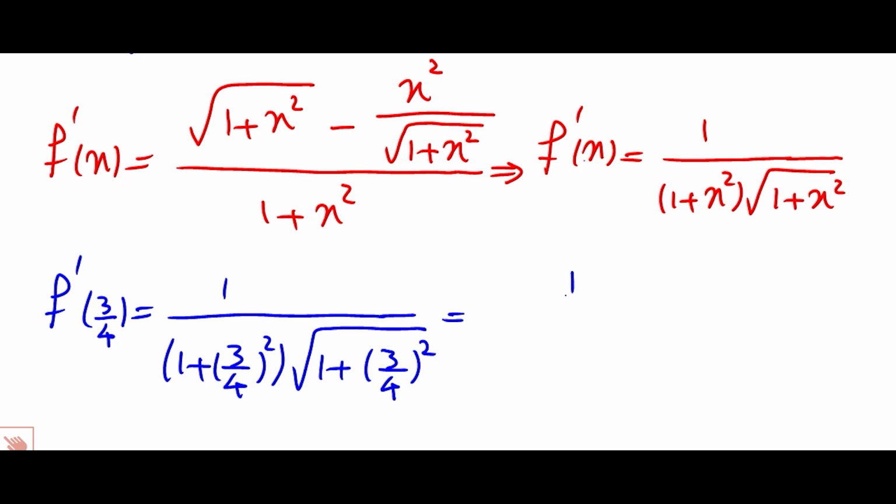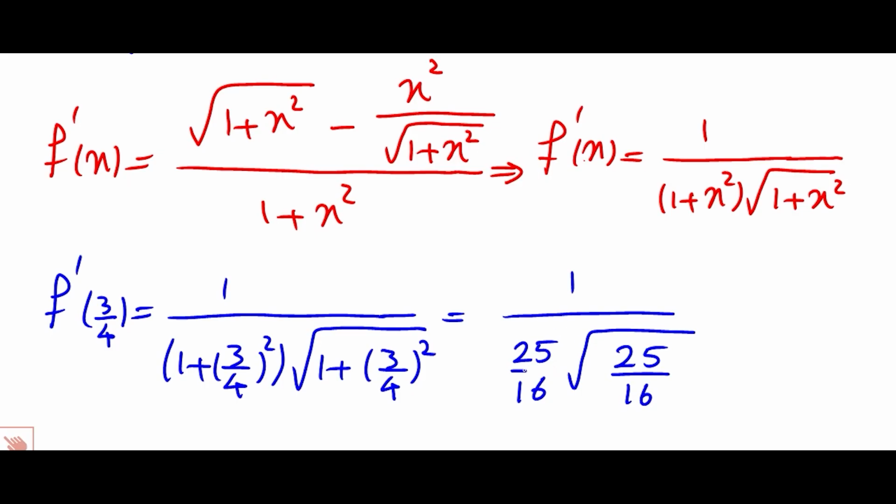Okay, so 3 over 4 squared is equal to 9 over 16. So 1 plus 9 over 16 is equal to 25 over 16, times the square root of 25 over 16. Okay, and finally the answer is 1 over 25 over 16 times the square root of 25 over 16, where the square root is 5 over 4.